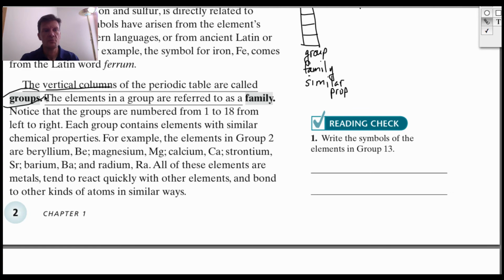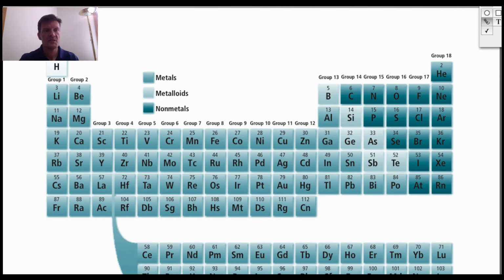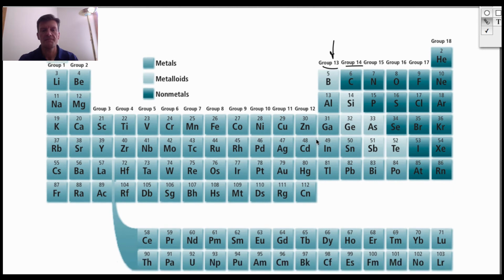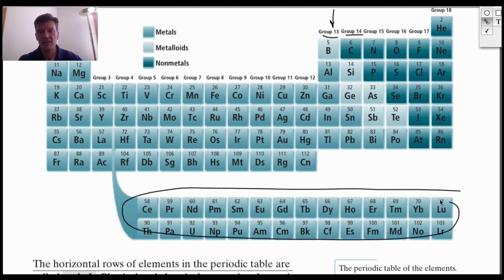So, groups or families are columns. So this is a particular group or family. This is a particular group or family. Over here, you'll notice group 13, group 14, etc. Now this portion down here, the periodic table, it sometimes is pulled out and put below, but it actually fits in right here, and the whole thing is elongated.